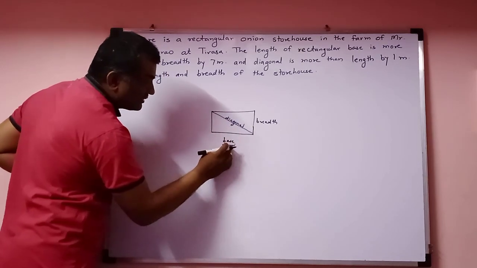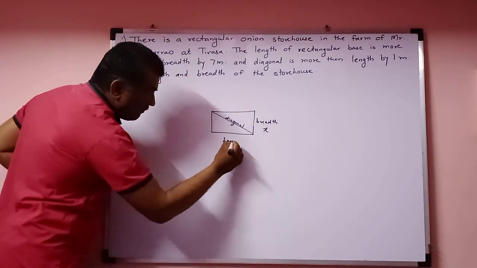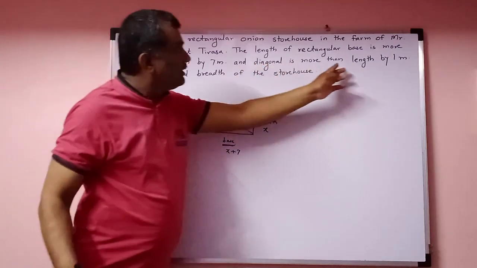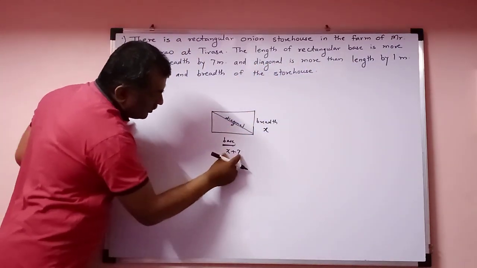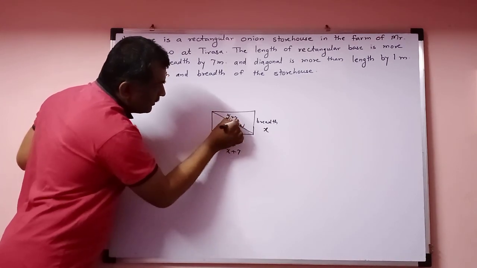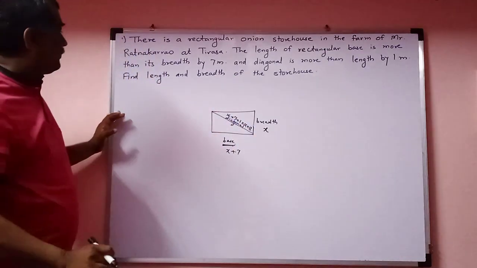Base more than 7 means breadth x. Base is x plus 7 and diagonal is more than length by 1 meter. Diagonal is more than base. X plus 7 plus 1 is equal to x plus 8.